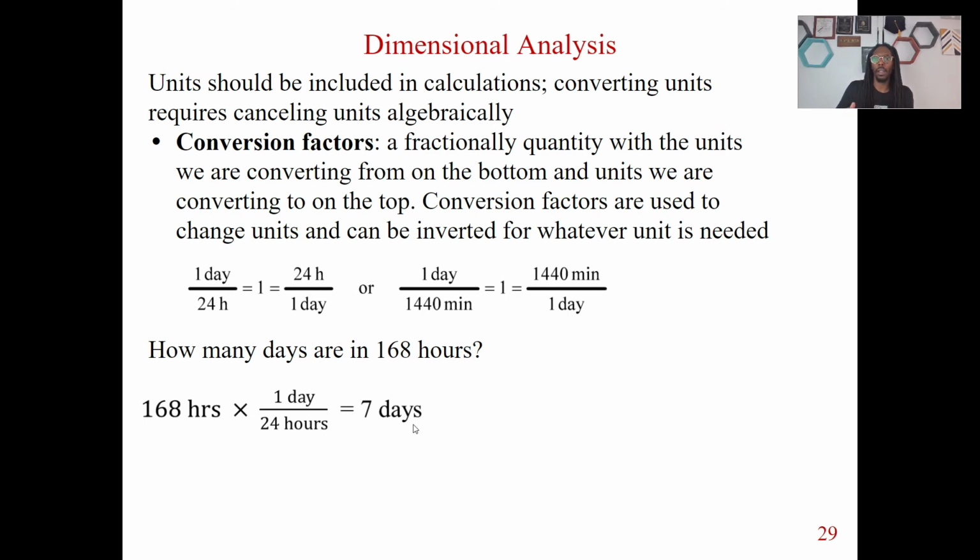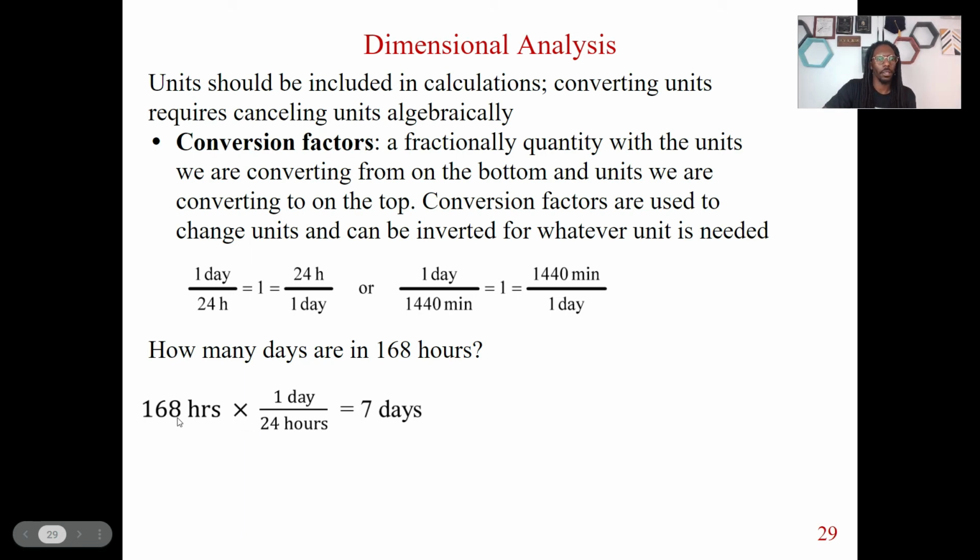So how I like to think about it is, worry about the units first, then the numbers. If I know what units are being canceled out, I can get that out the way. So I canceled out my hours, I'm left with days. Bam, there's my days. Now let's think about the numbers. So notice this is a multiplication.